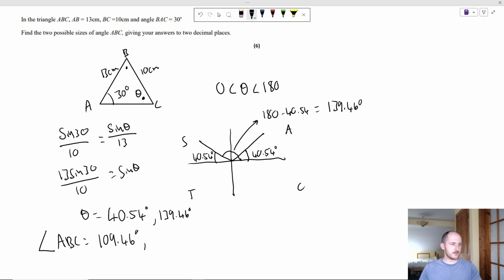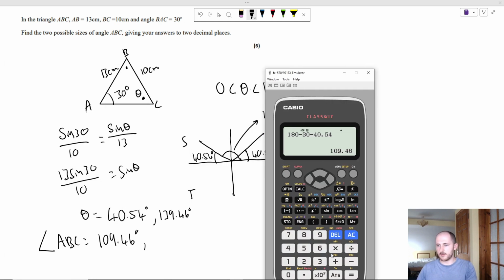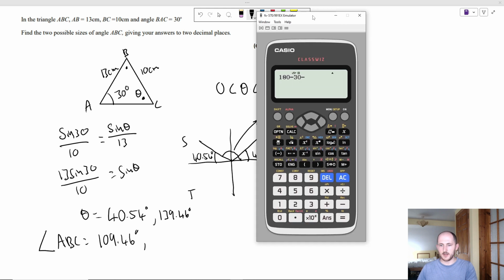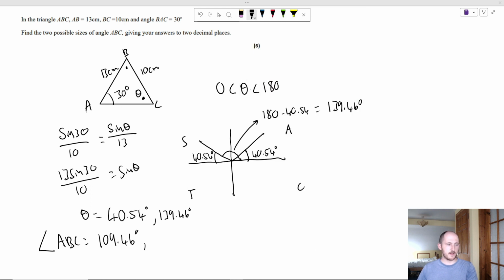And the second value is going to be the same thing, except instead of 40.54, it's going to be 139.46. That's a 6-mark question. Not too bad. 10.54 degrees. All to 2 decimal places.